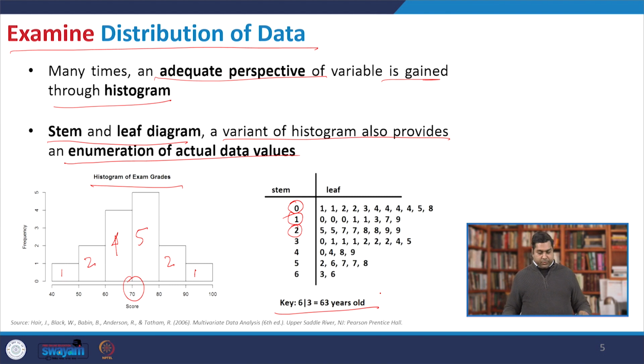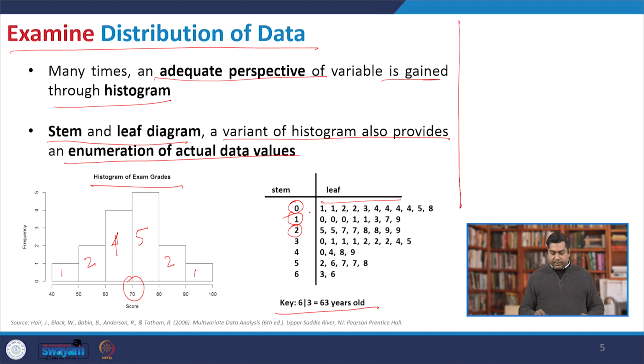For that distribution, say I have the age group 0 to 9, and then you count from 10 to 19, and then maybe 20 to 29, like that. So, all these numbers in the leaf are nothing but individual values.